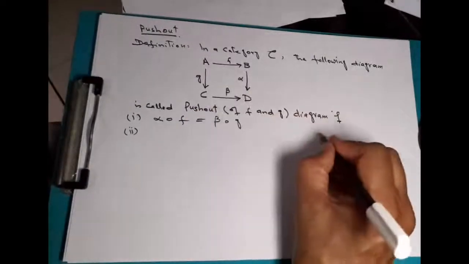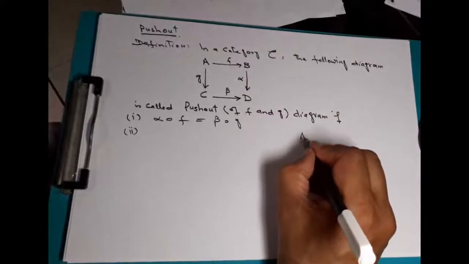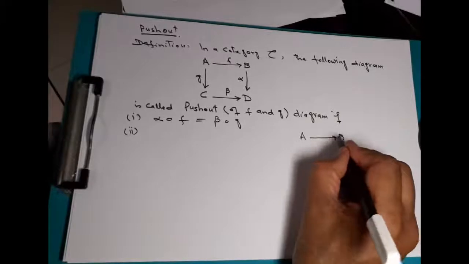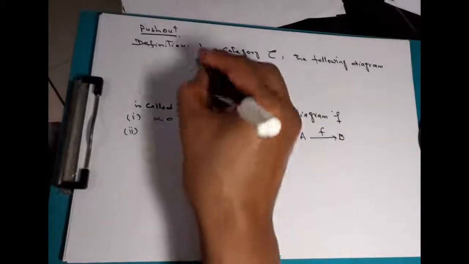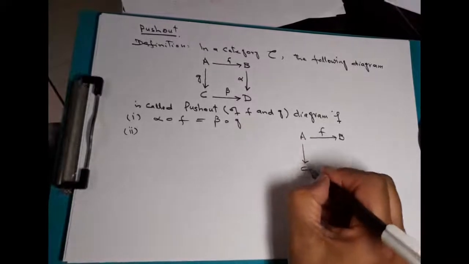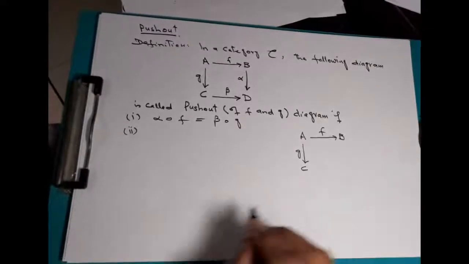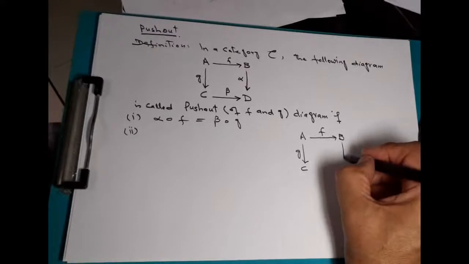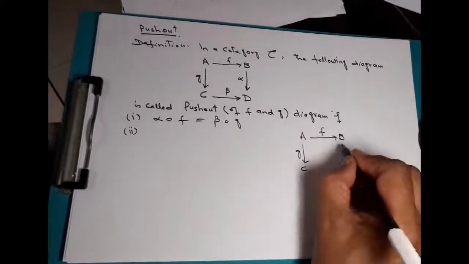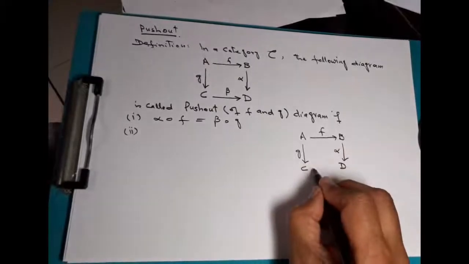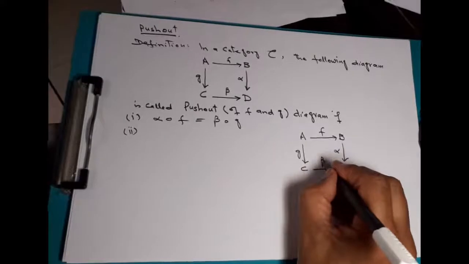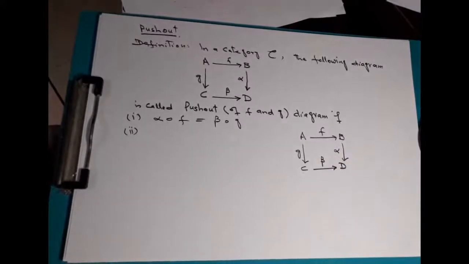So we have this diagram. We have a map from A to B, and that is F. We have a map from A to C, and that is G. Then we have a map from B to D, that is alpha. We have a map from C to D, and that is beta.